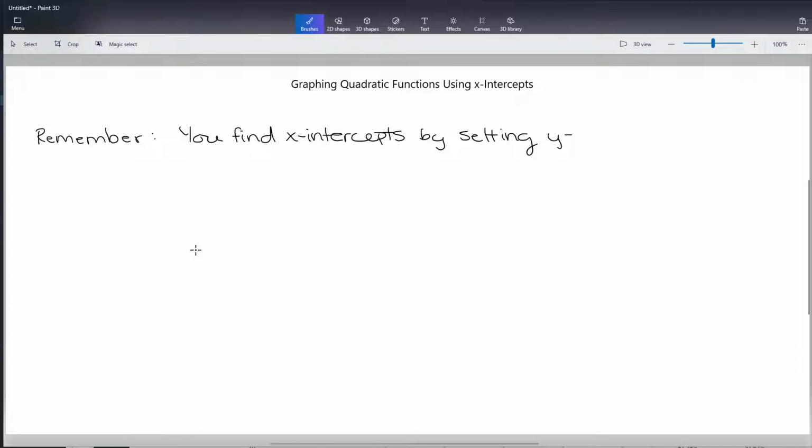First, a reminder of how you find x-intercepts. For any graph, you can find the x-intercepts by setting y equal to 0 and solving for x. With a quadratic, when we solve for x, we'll have two solutions.